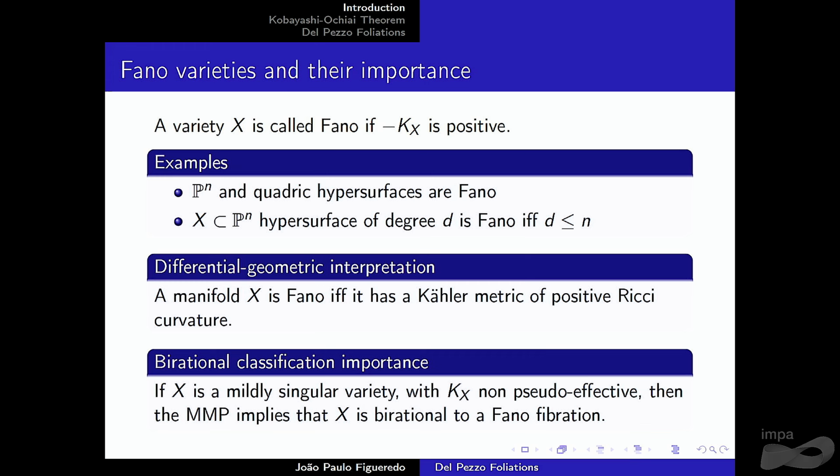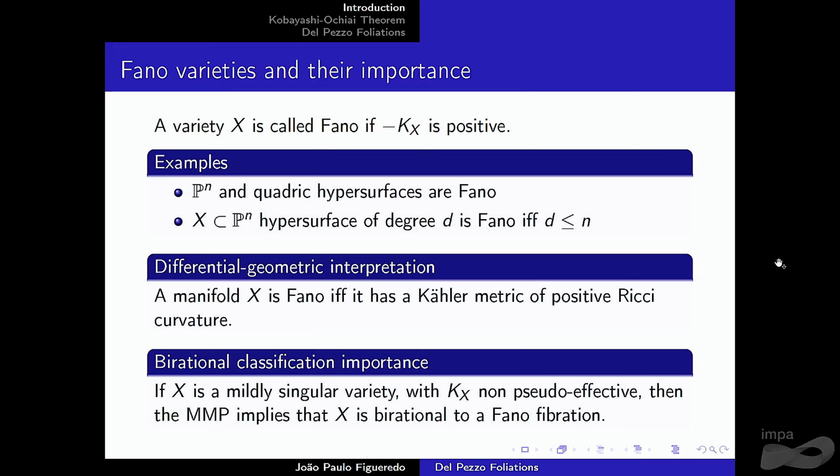If you are from the differential geometry context, you'll find this interesting. A manifold is Fano if and only if it has a Kähler metric of positive Ricci curvature.